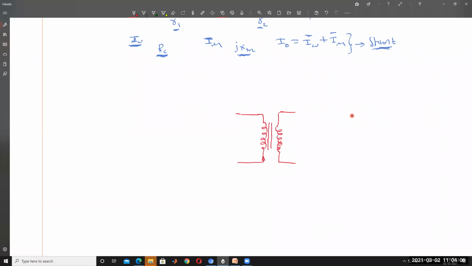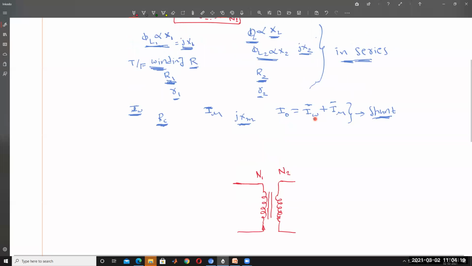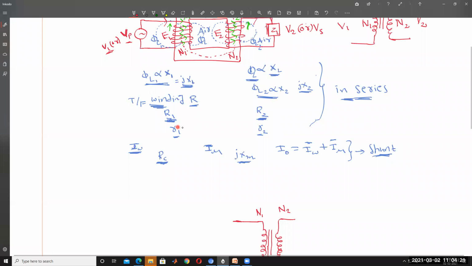So this is the transformer. The number of turns in the primary winding is N1, and the number of turns in the secondary winding is N2.